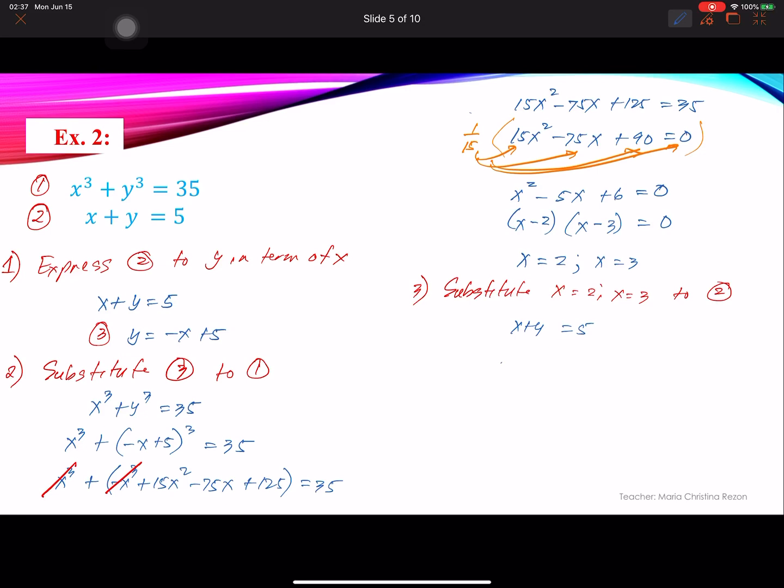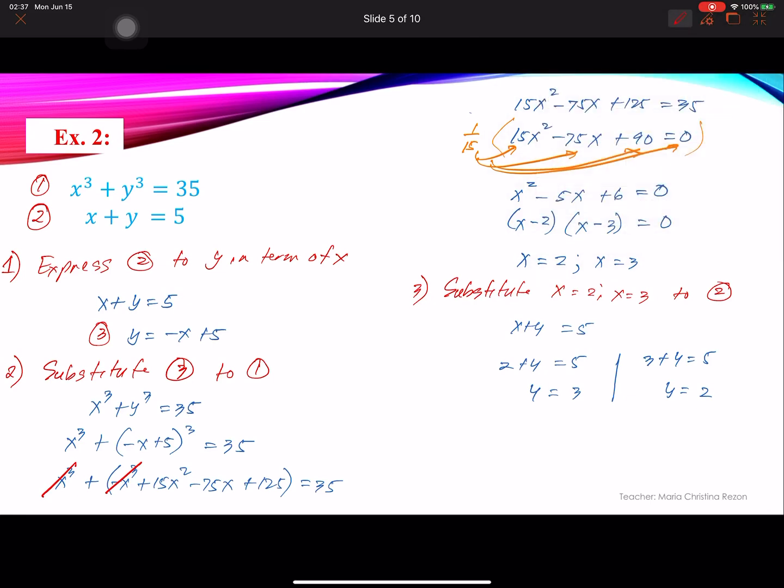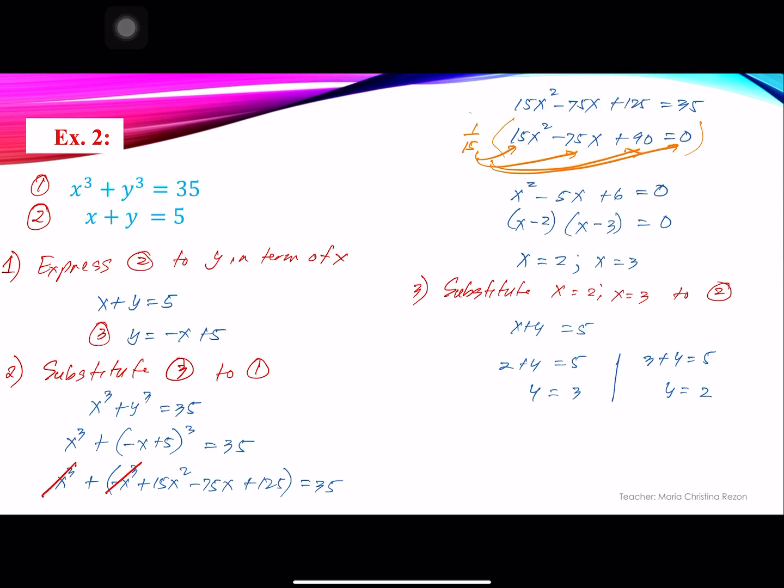When x is 2, 2 plus y equals 5, then y is equal to 3. Or if x is 3, then 3 plus y equals 5, then y is equal to 2. Therefore, our solution (x, y) is 2, 3, or you can have 3, 2.